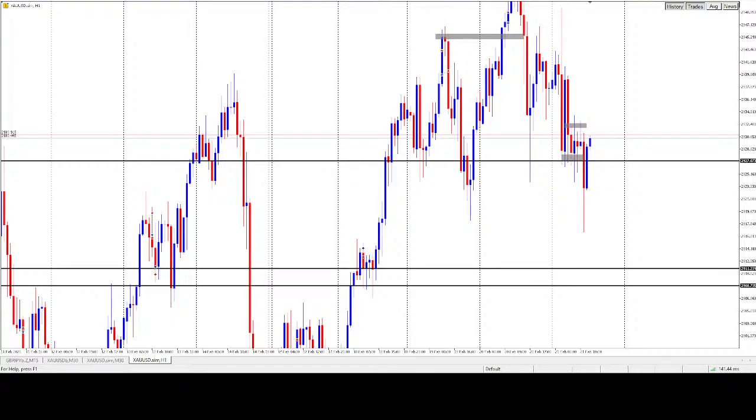I had this MT4 running. Let me set up everything.